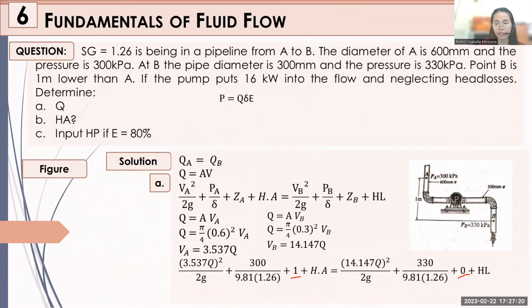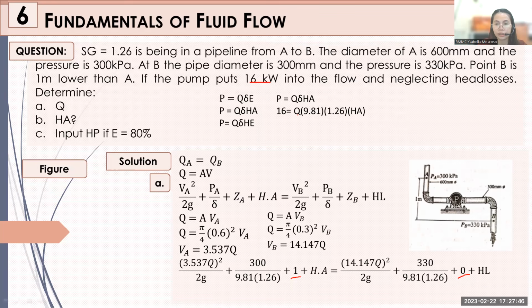Okay? So, using your power energy, that is gamma QE, and the energy here is head added, because we have a pump. This one is for the turbine, but we do not need that. This is what we need. So, deriving the formula, we know that your power is equal to 16 kilowatts.